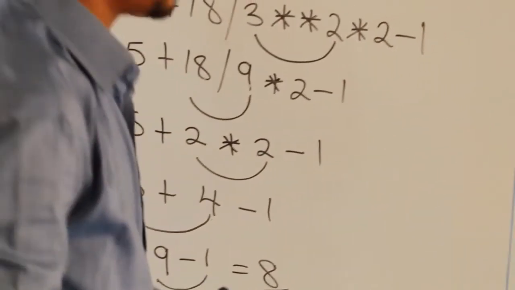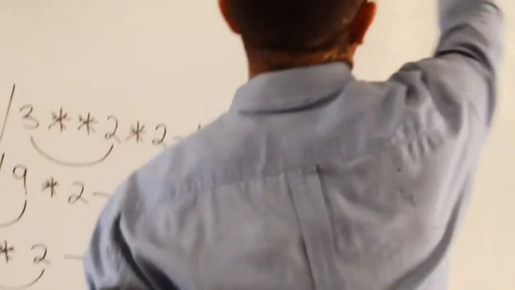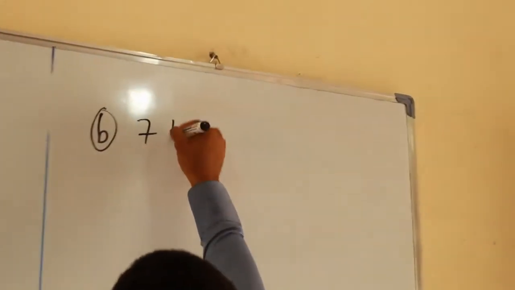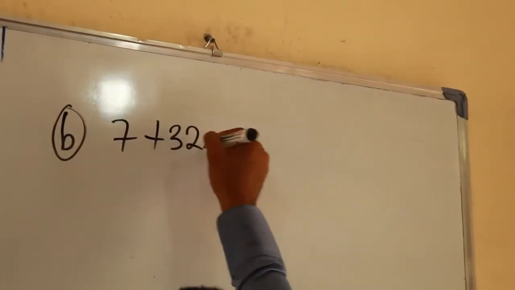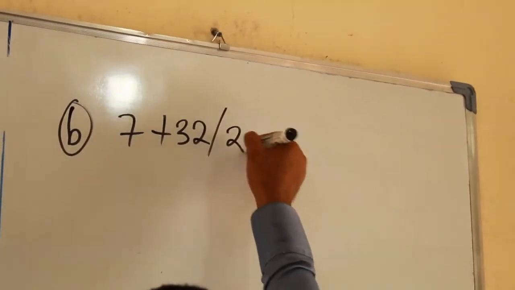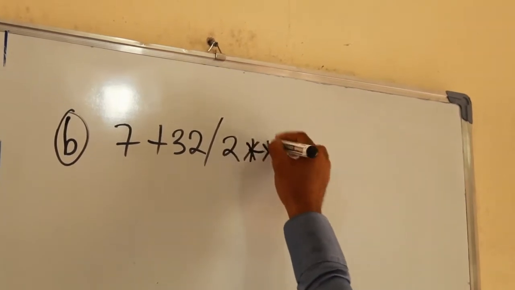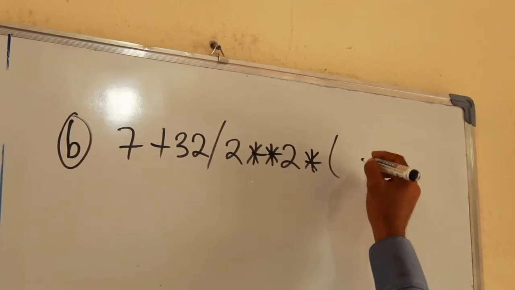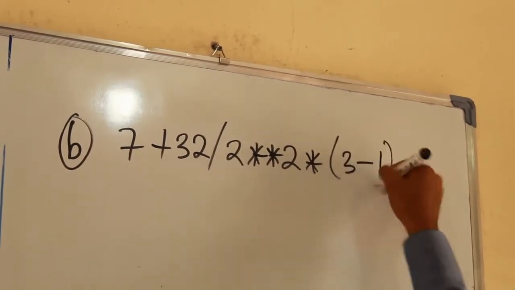Now let's go over to the second question, which is example B. 7 plus 32 divided by 2 double asterisk 2 multiplied by 3 minus 1.